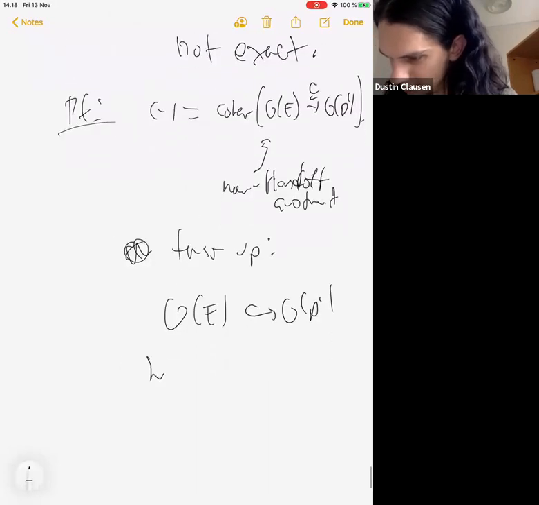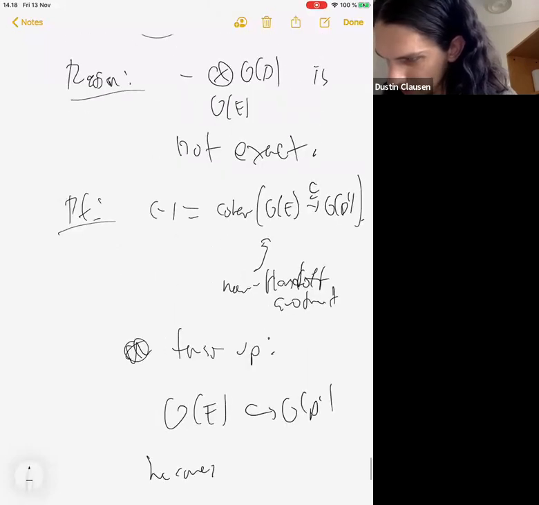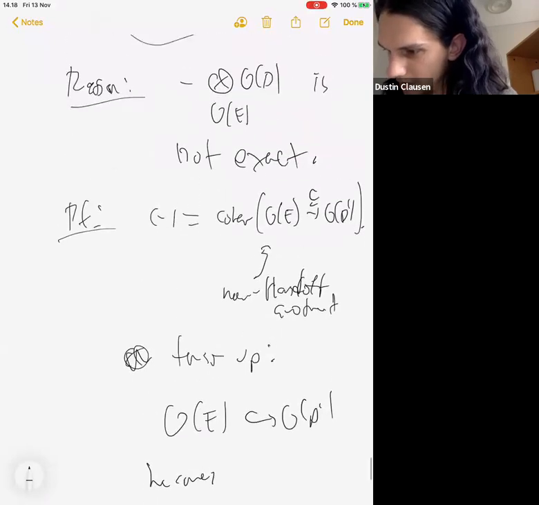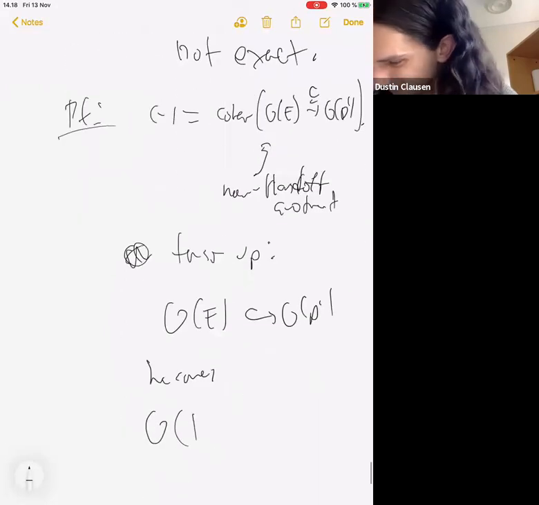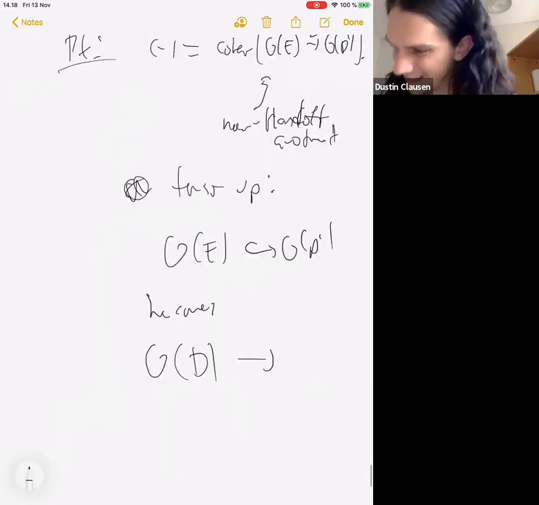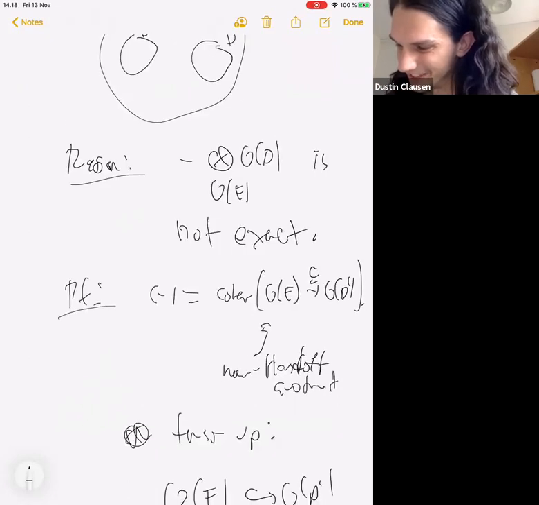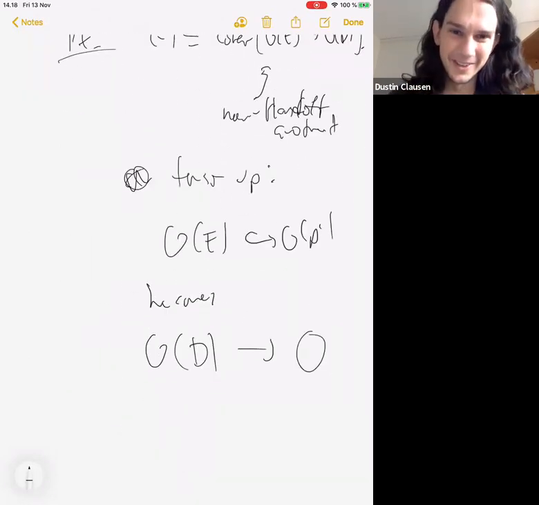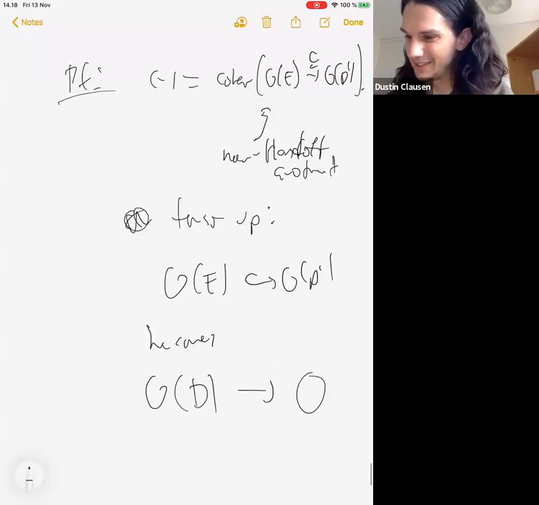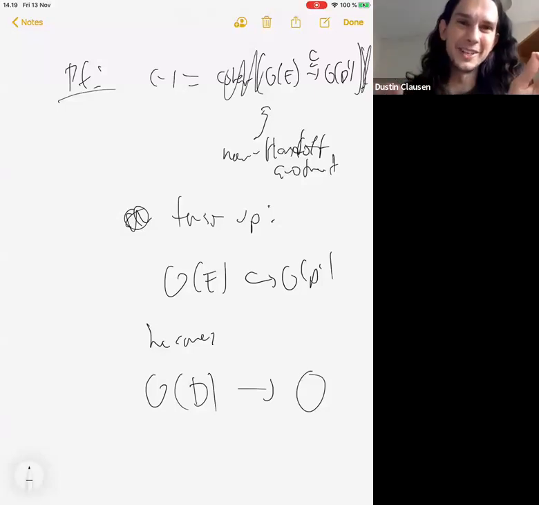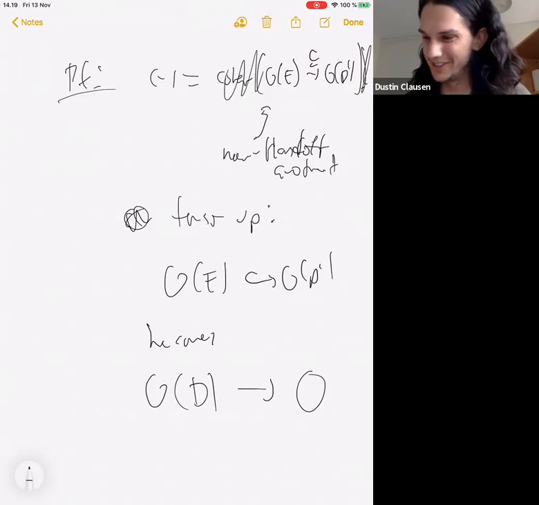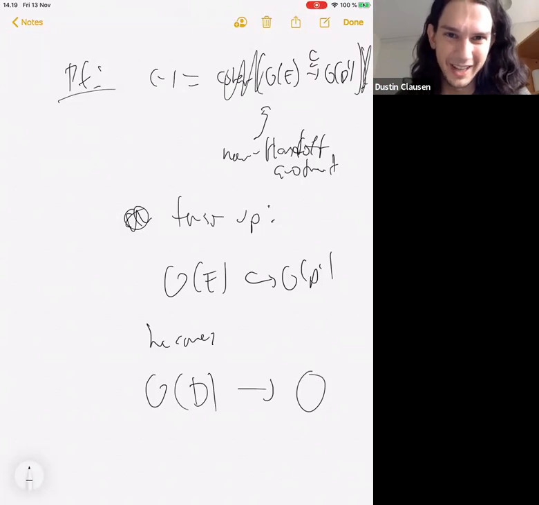This becomes O of D mapping to, but then we do the relative tensor product O of D prime tensor O of D over O of E. Those are disjoint disks, so we get 0. Maybe I wasn't supposed to take the co-kernel. I just want to apply it to this inclusion. For it not to be flat, I should give you an inclusion that doesn't go to an inclusion. So this inclusion goes to the 0 map, and therefore the base change cannot be flat.